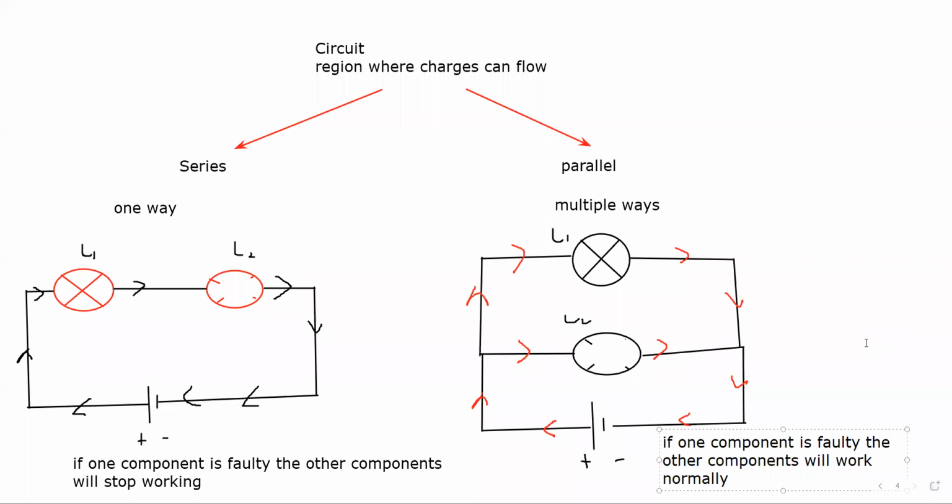Is the concept of circuits clear? The circuit is basically the passage, the path where the charges can flow, and a circuit can be divided into series or parallel. Parallel means multiple ways are there for the charges to flow, and series means they have only one way to flow in the circuit.